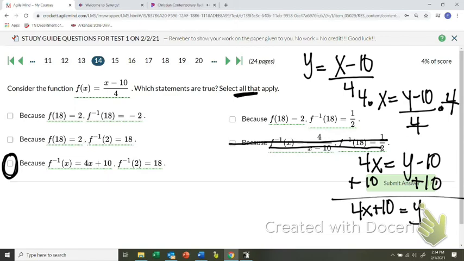So look right here at these two. They both include 2,18. Do you agree? All right, if I told you to find the inverse of this point, what would you do to those two numbers?